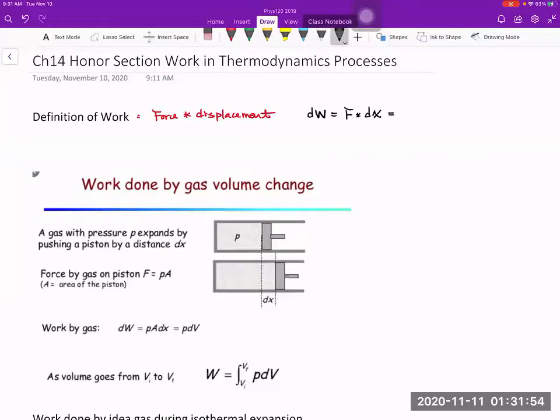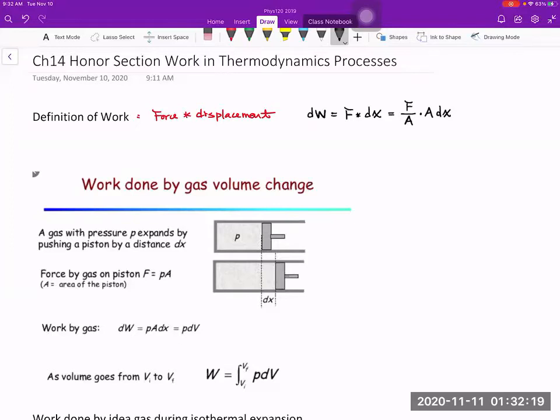So if we divide by the area and multiply the area back so that nothing changes, and then multiply with dx, the equation of the work becomes F over A times A dx.